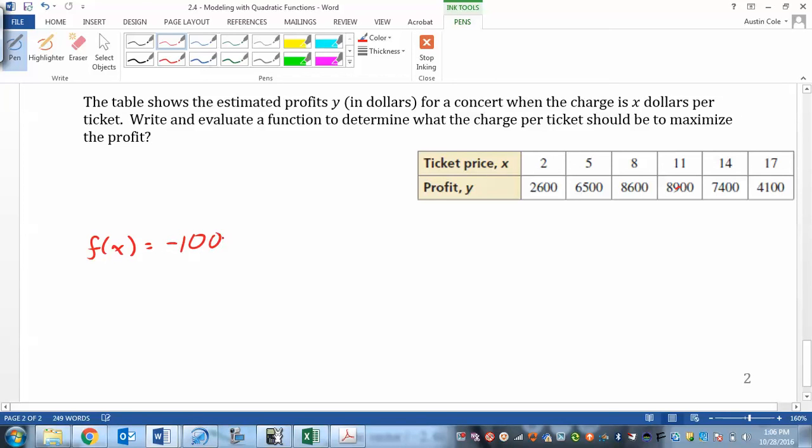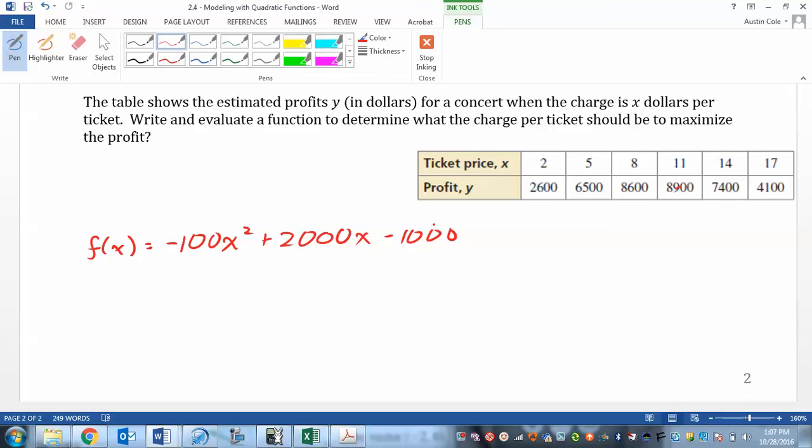Negative 100 x squared. What's our B value? 2,000? Yeah. Plus 2,000x plus our C value minus 1,000. That's our function that best models this data.